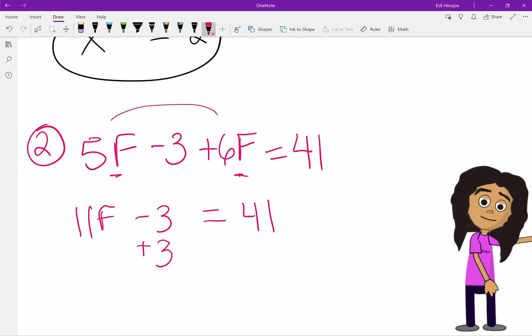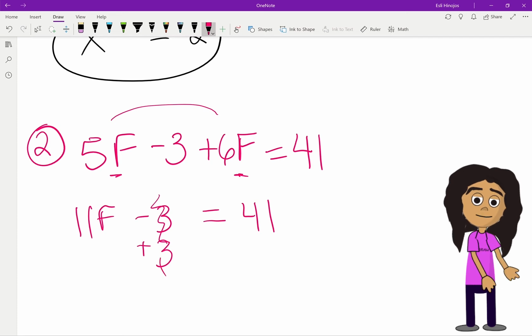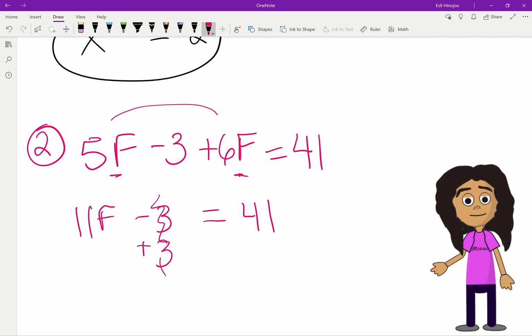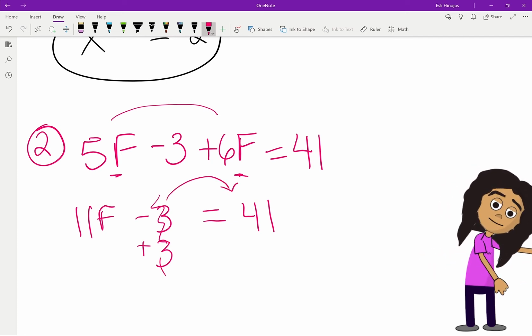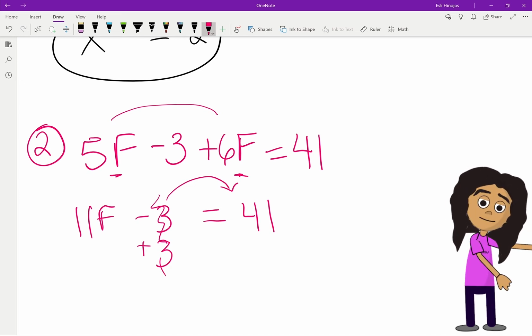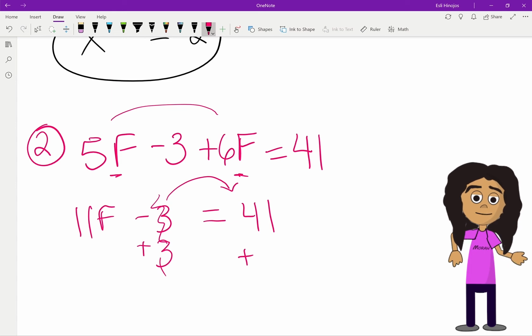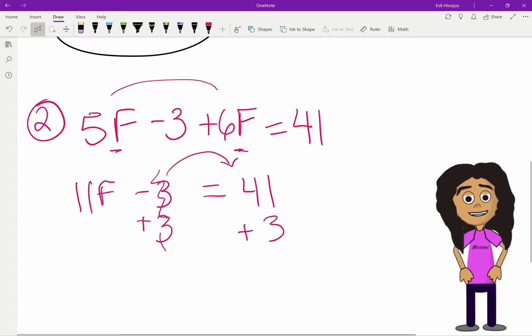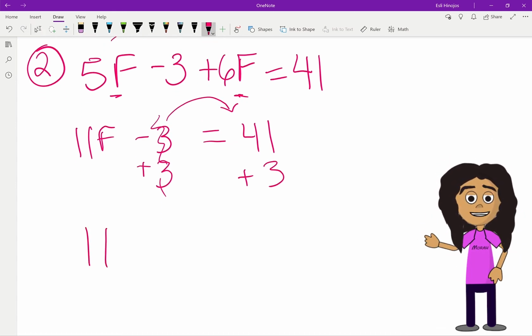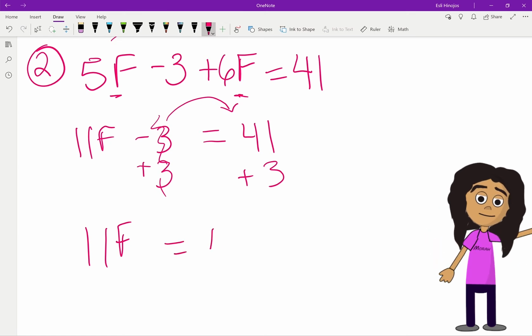So there's no more there. But you have to make them rejoin the normal people in the park. You can't just take them out, like they don't exist. So you're going to add them over here. So now you have your 11 friends, and now there are 44 regular people at the park.